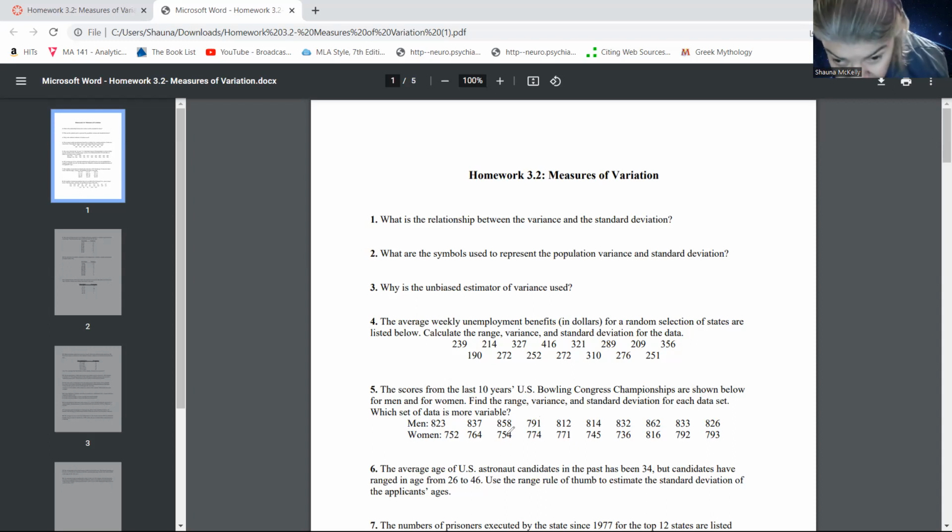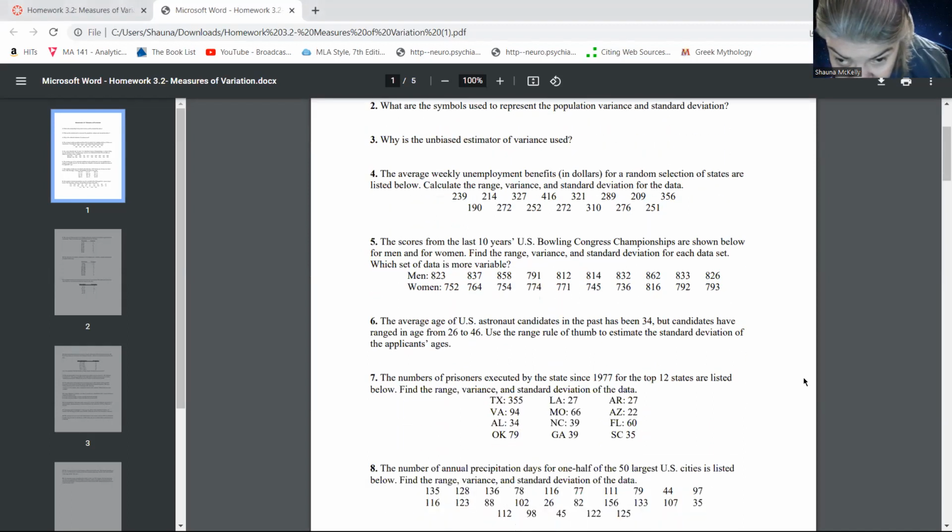Now, question 6. I had somebody question question 6 because it's a little bit odd, but again, it's on a specific slide. So let me scroll up here so you can read them. Now, question 6 says, the average age of US astronaut candidates in the past has been 34. So that's the mean in the past.